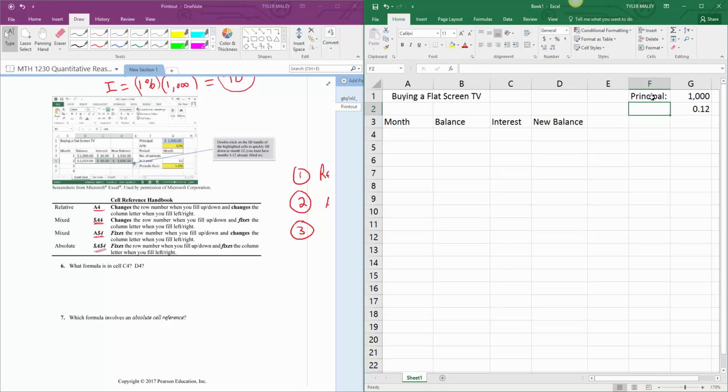Then we have APR, annual percentage rate, and then the period, which was monthly, and then we have number of periods in 1 year.